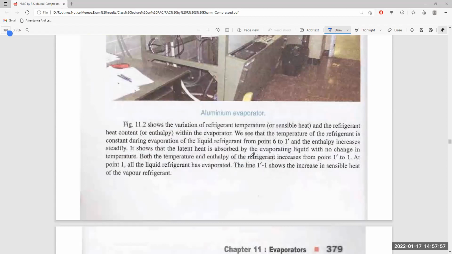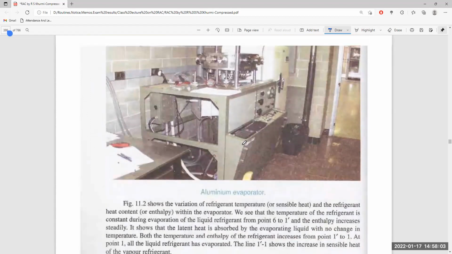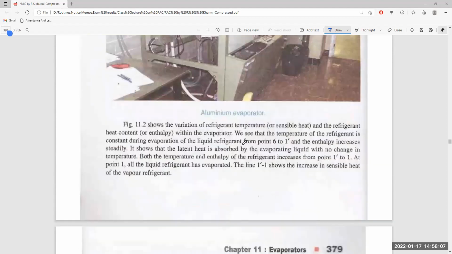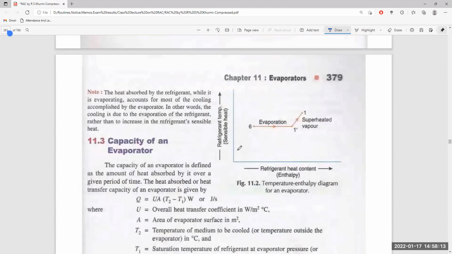Now this figure shows the variation of refrigerant temperature, or sensible heat, and the refrigerant heat content. From 6 to 1 dash, evaporation takes place, and from 1 dash to 1, superheated vapor.